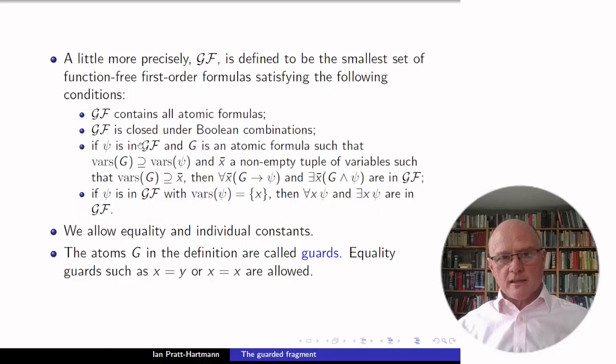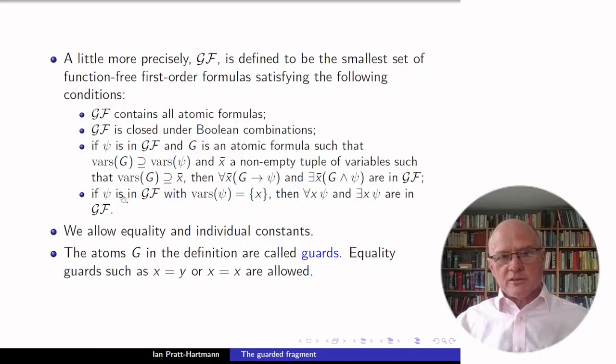Thirdly, if psi is a formula of the guarded fragment and G is an atomic formula such that the free variables of G include all the free variables of psi, and X bar is a non-empty tuple of variables such that the free variables of G include X bar, then we'll allow for all X bar, G implies psi, that formula will be in the guarded fragment. And similarly, there exists X bar, G and psi, well, that will also be in the guarded fragment.